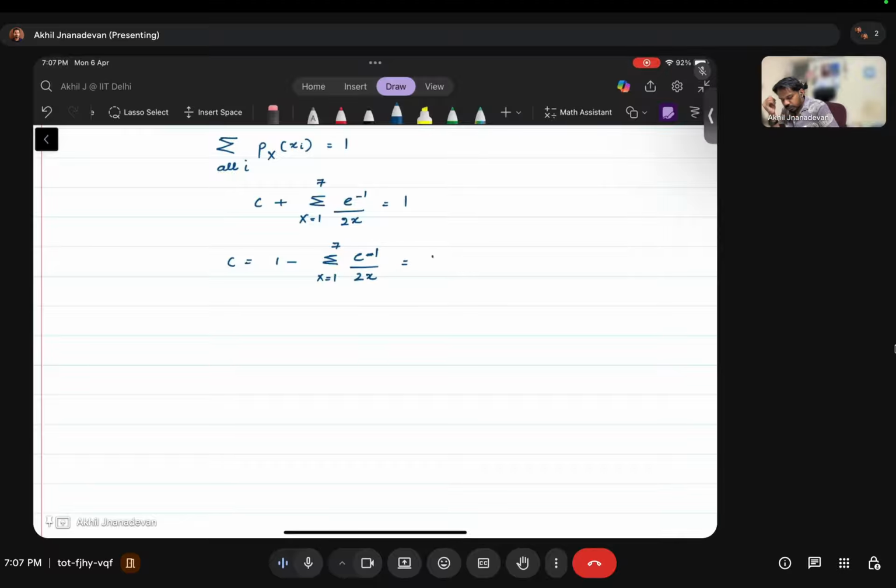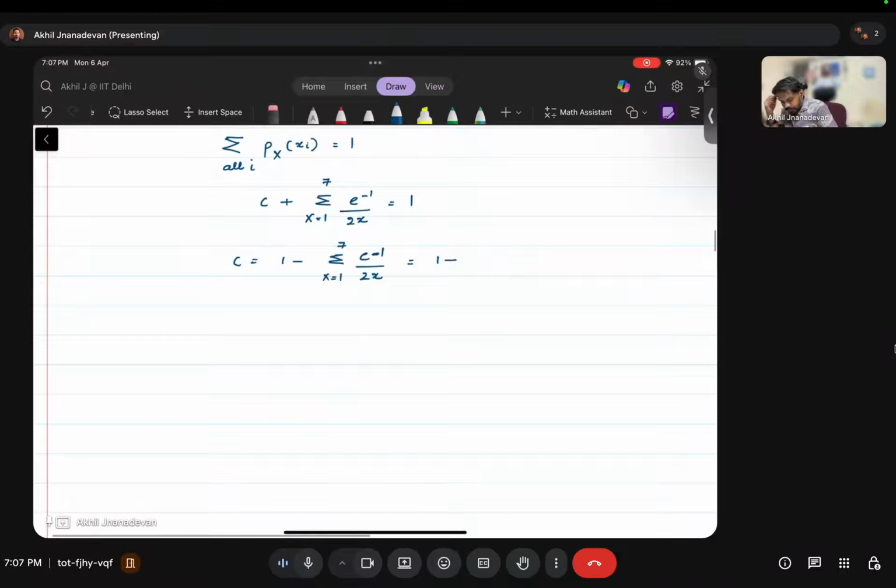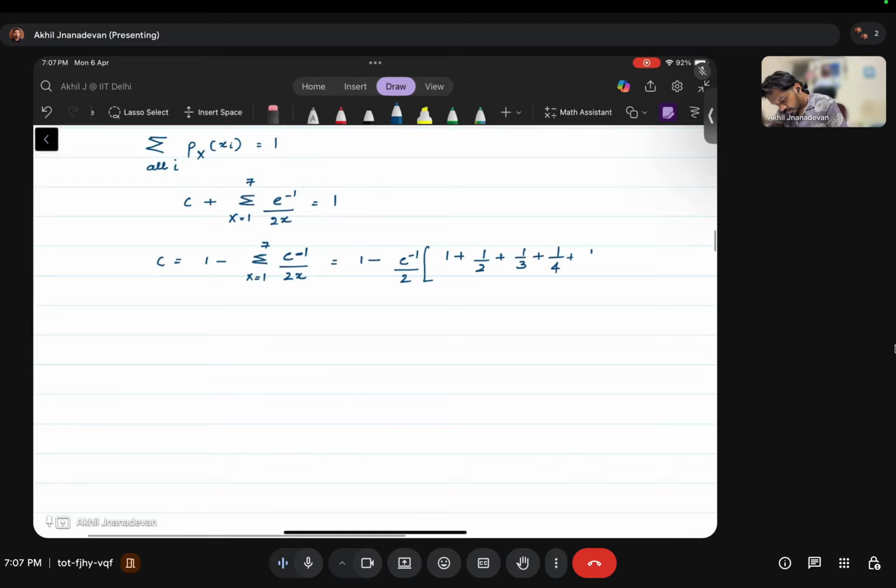So that will be 1 minus, and we can take out e raised to minus 1, which is a constant, and also 2 is a constant, so 1 plus 1 by 2 plus 1 by 3 plus 1 by 4 plus 1 by 5 plus 1 by 6 plus 1 by 7.